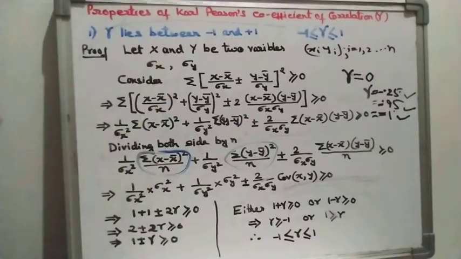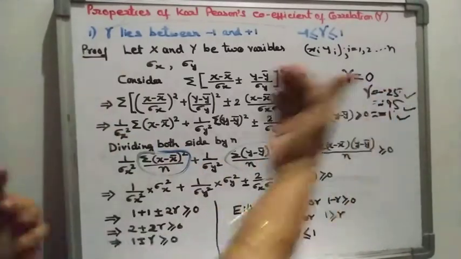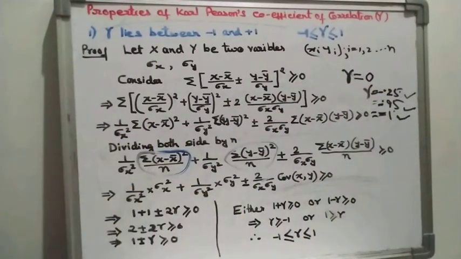So that is the interpretation of the rho value. From this rho value you can know how x and y are related to each other. And always remember, if its value is 0, it means the linear relationship is absent, but they may be related in some other way.